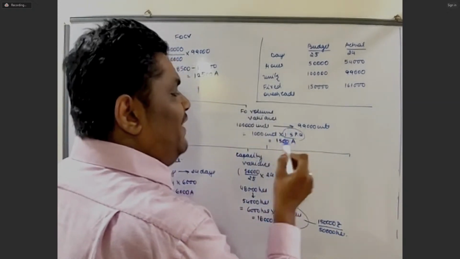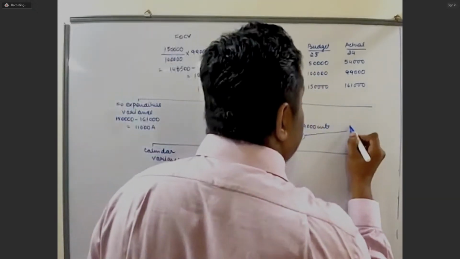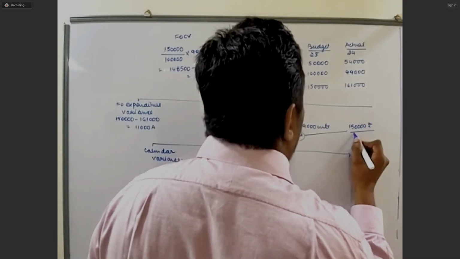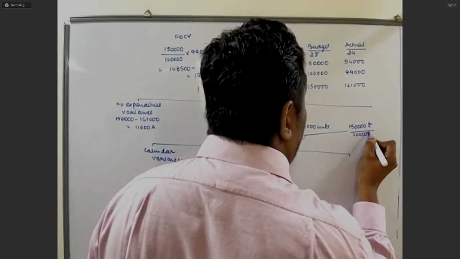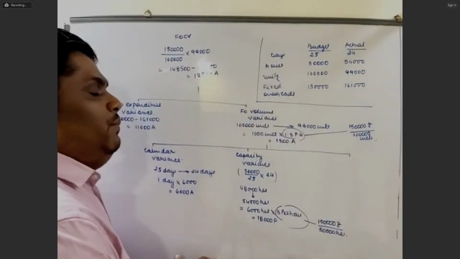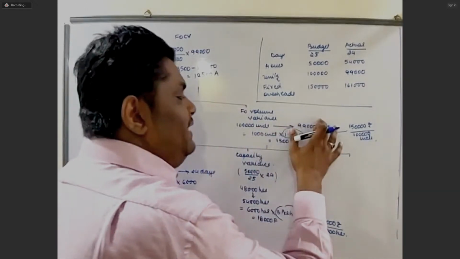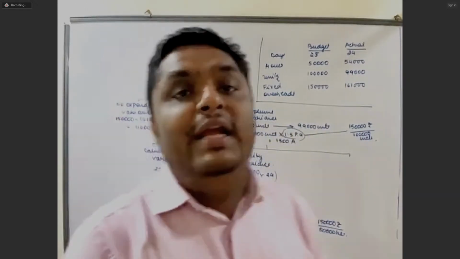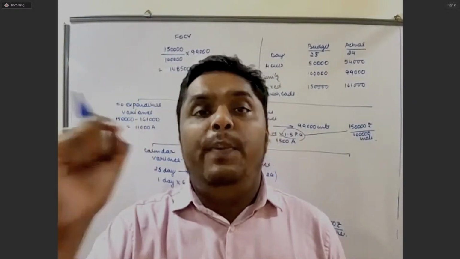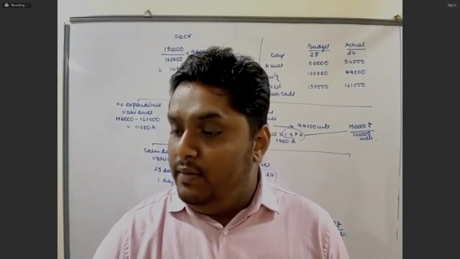How come 1.5 per unit? 1,50,000 is divided by 1 lakh units. So this is how I got 1.5 per unit. Herein we have calculated the units, so we will be using the rate per unit. If we are calculating the days, we'll be using the rate per day. If we are calculating hours, we will be using the rate per hour.